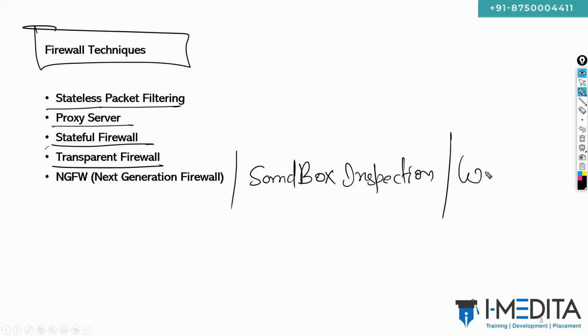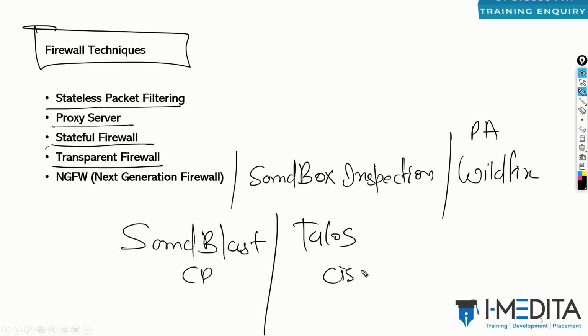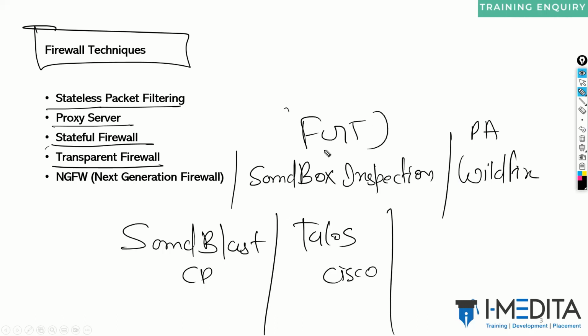Which is also called Wildfire by Palo Alto, which is also called Sandblast by Checkpoint, which is also called Talos by Cisco, and FortiGate simply calls it sandbox inspection. Clear? So first of all, we will go through packet filtering.